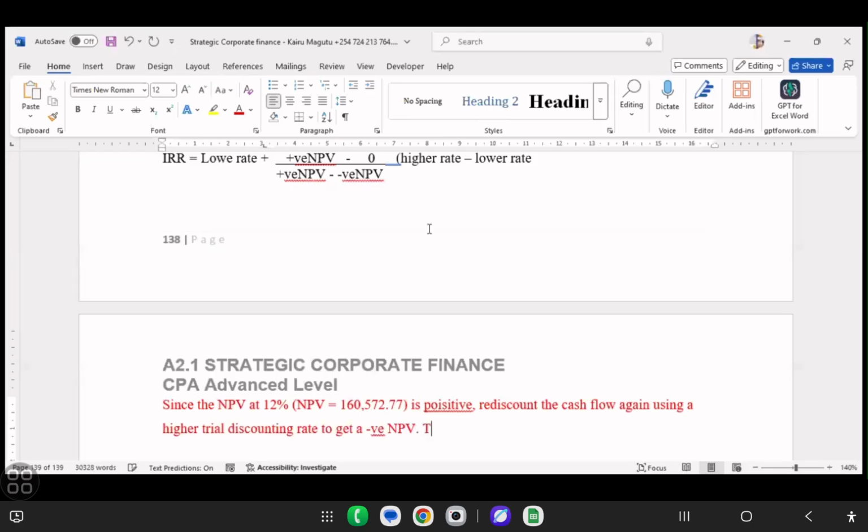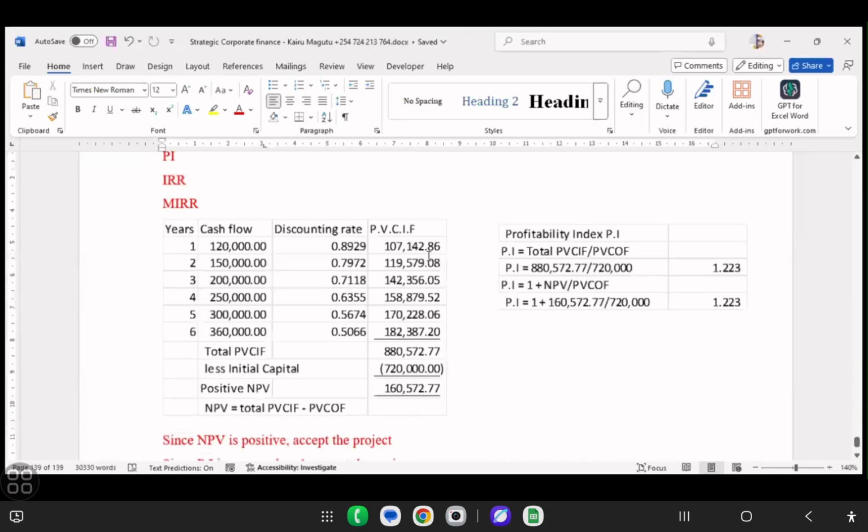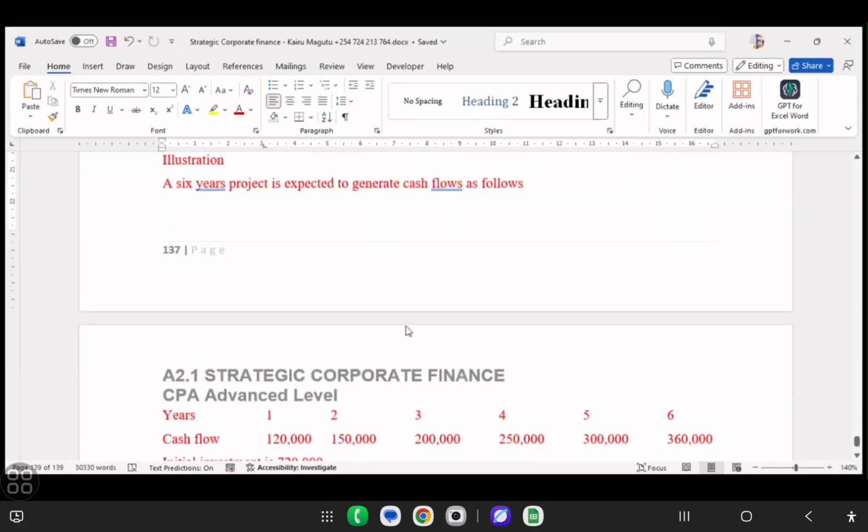Let us try what? Let us try 18%. Can someone give me the NPV of these cash flows using 18%? These cash flows. Can you give me the NPV using 18%? Someone to give me that using 18%, please.